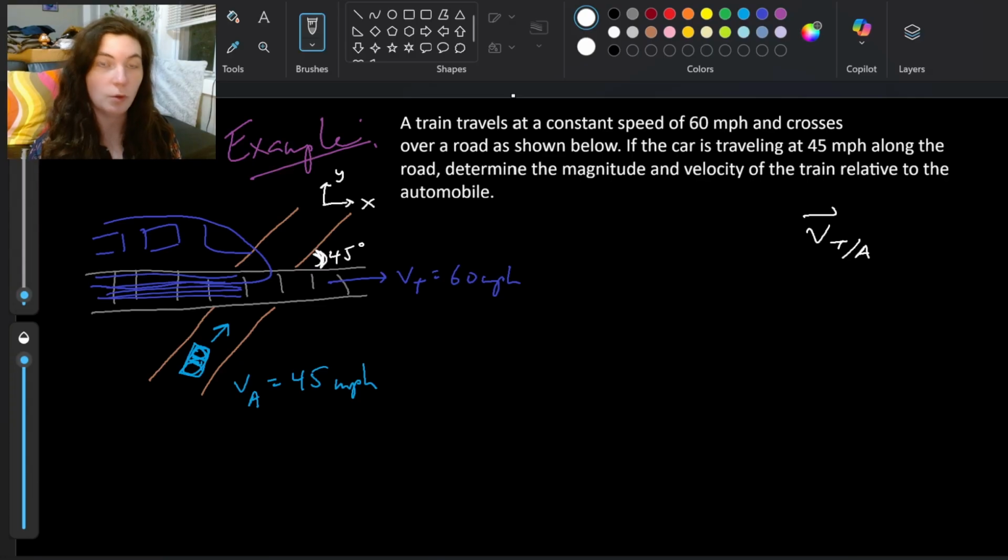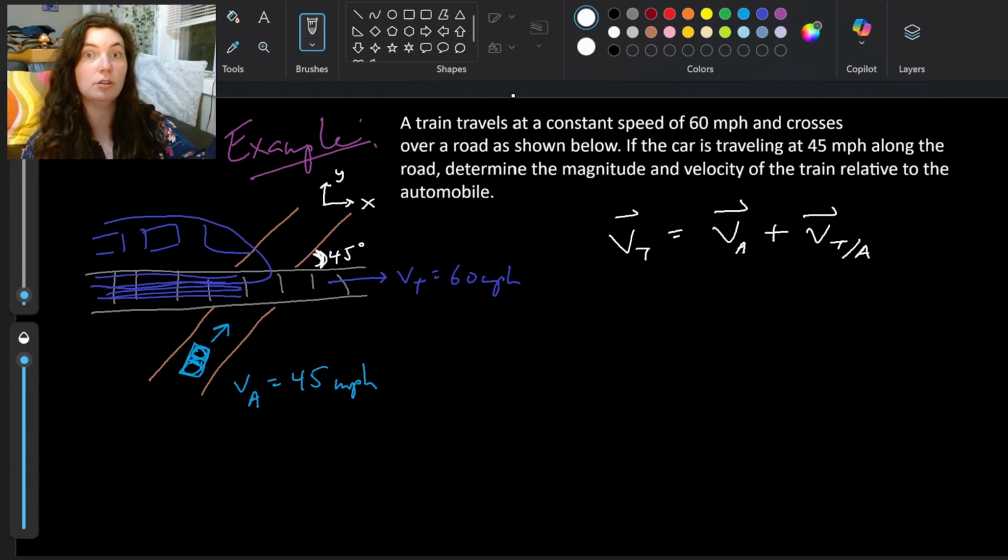What we need is that equation that we just talked about. So our velocity of the train is going to be the velocity of the car plus the velocity of the train with respect to the car. So basically, if you were in the car driving, how fast does it look like that train is moving? Does it look like it's actually moving at 60 miles an hour relative to you? That's what we're trying to find out.